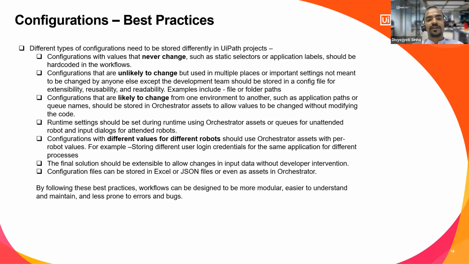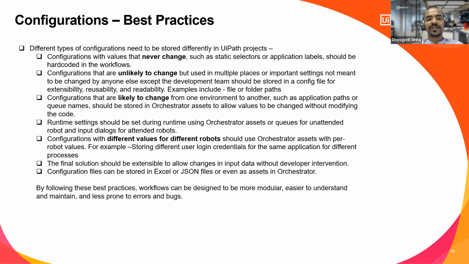Next are the configurations which are unlikely to change, but can get changed going forward. Let's say, for example, tomorrow, wherever the business users today put their input files, if the file path gets changed, then your automation workflow will fail, right? Those kinds of things you can store either in assets or in the config file.